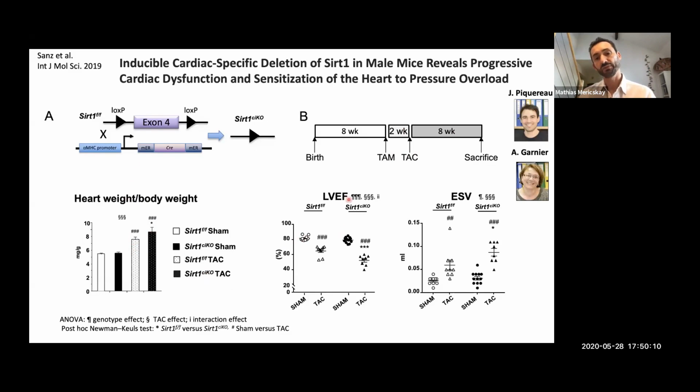And in terms of cardiac function, this loss of SIRT1 is also sensitizing the mice to the stress, and they have a deeper loss of left ventricular ejection fraction and increase in end systolic volume.